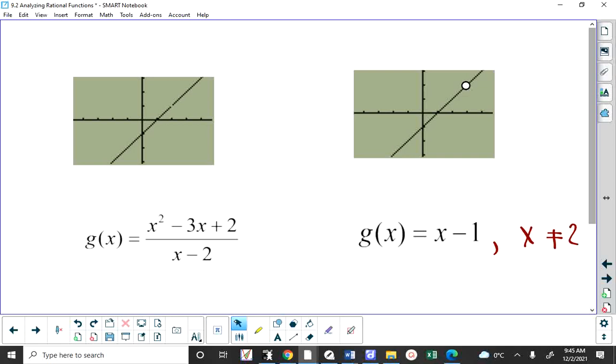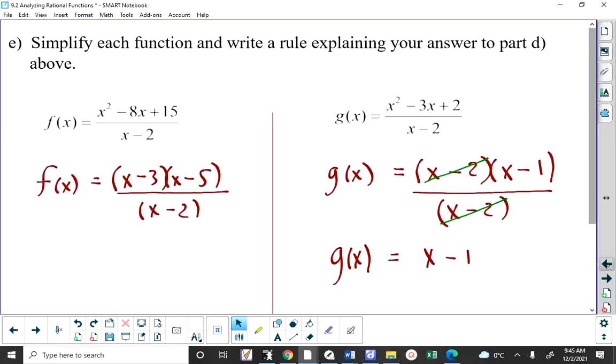But without saying x cannot equal 2, I don't get that hole, which would mean it would be wrong. And this is why in Math 20, you were taught to determine your non-permissible values first, because they form part of the description of the function.